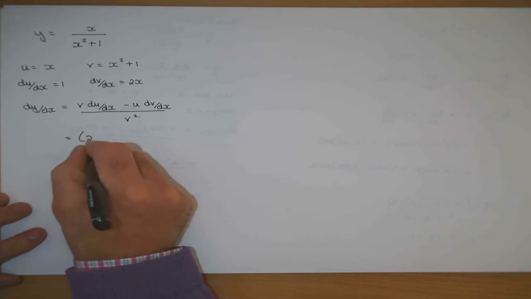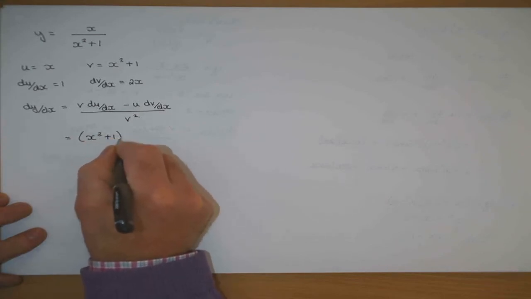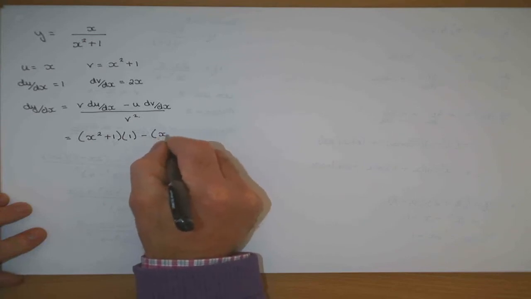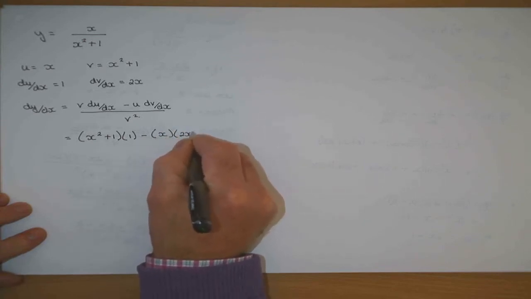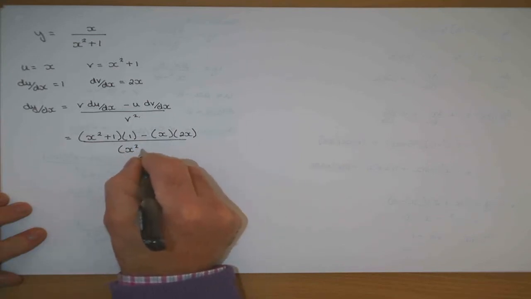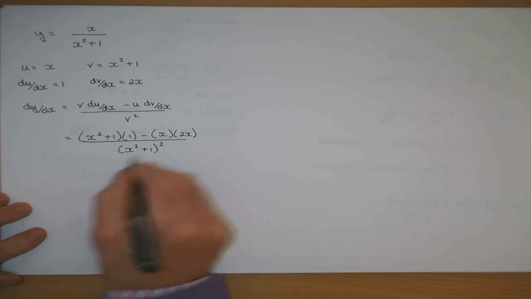v, x squared plus 1, times 1, minus u, x, times 2x, all over v, x squared plus 1 squared.